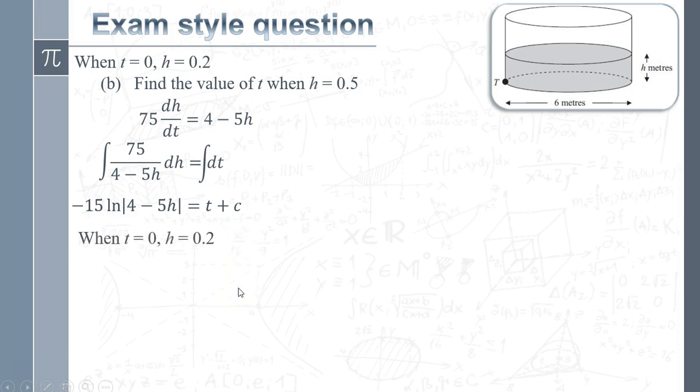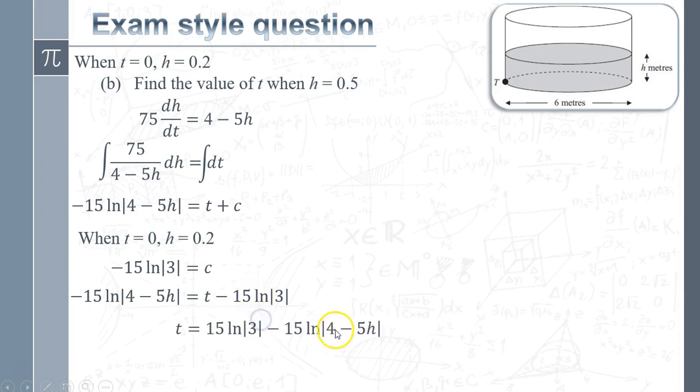When t was 0, the height of water in the tank was 0.2, which we were given in the question. So when h is 0.2, put it in here, t equals 0, that gives us c equals minus 15 ln 3. Let's put that in there, and do a little bit of rearranging, taking that minus 15 ln 3 over to the other side.